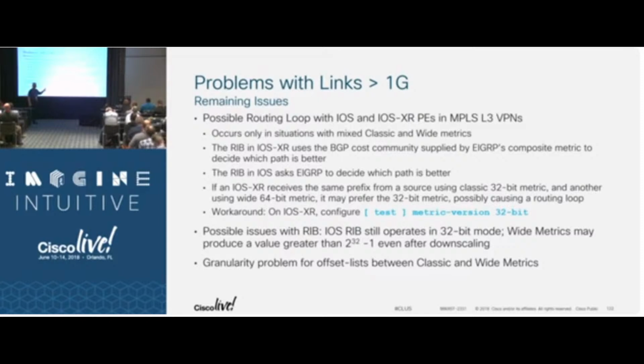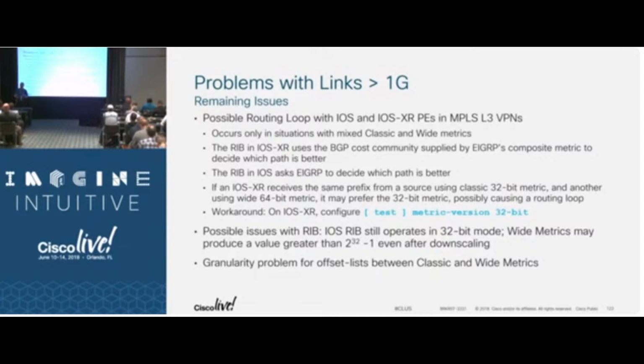Let me just say that if an XR router was paired with an IOS router that was using the old metrics while the XR was doing the new metrics, able to do the 64-bit computation, under circumstances the XR could point to the IOS, and the IOS would be pointing back to the XR, and you would have a routing loop. The workaround would be to force the XR itself to do the 32-bit computations only, and the command would have been metric version 32-bit, and in certain older versions of XR, you would need to do a test command at the beginning because it was implemented as just a debugging or testing command.